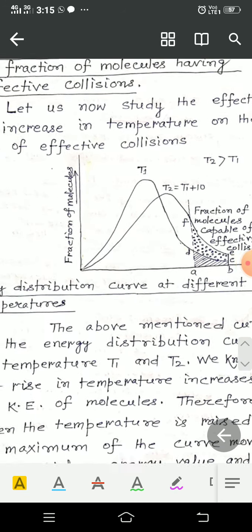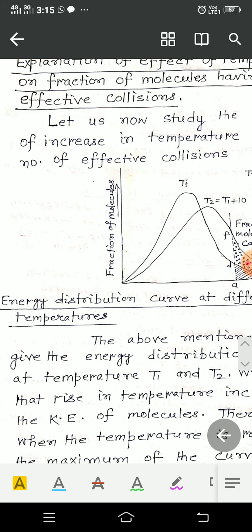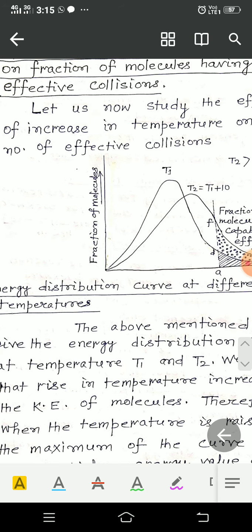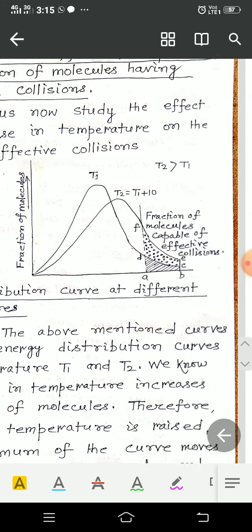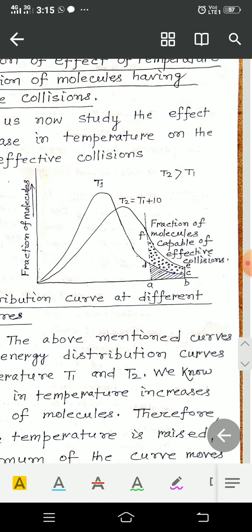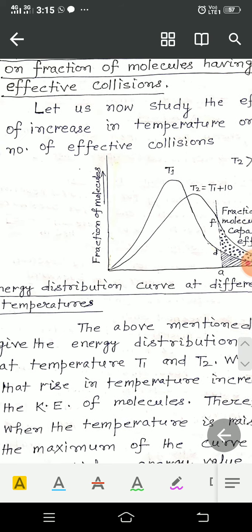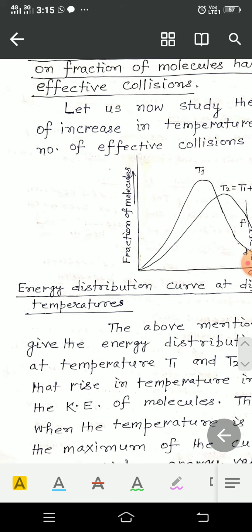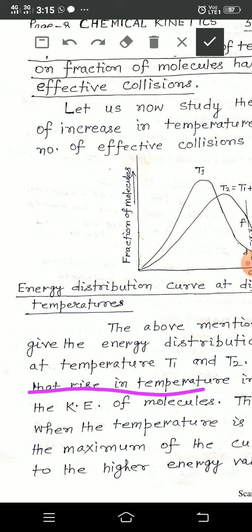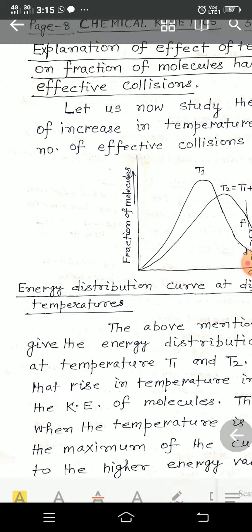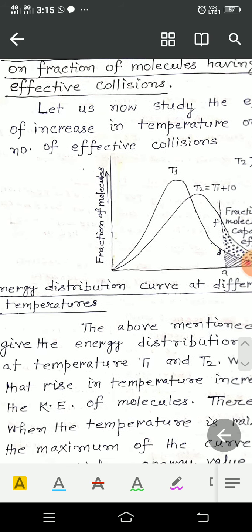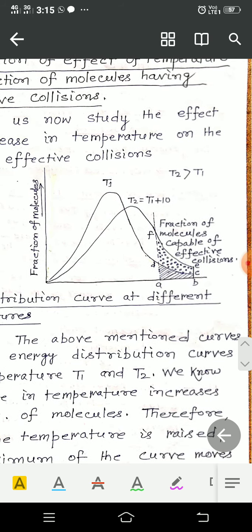Now, the energy distribution curve at different temperatures. The curves give the energy distribution at temperatures T1 and T2. We know that a rise in temperature increases the kinetic energy of molecules.